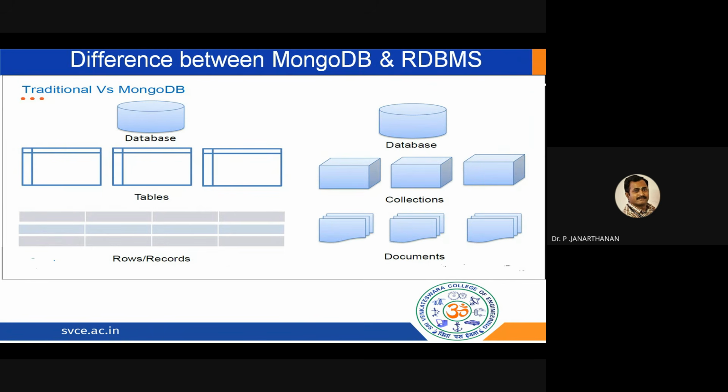In MongoDB, we replace the term tables with collections. The collections will hold a number of documents. In RDBMS, information is stored in the form of records, that is rows and columns. But in MongoDB, it stores the information in the form of documents.